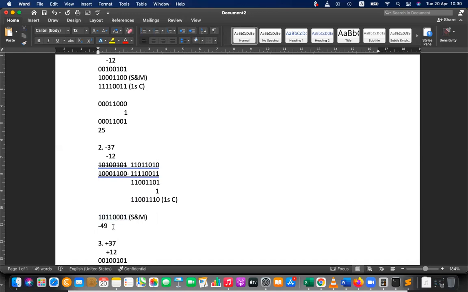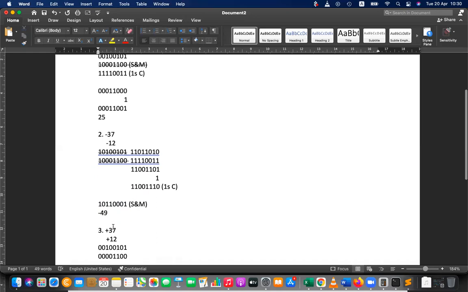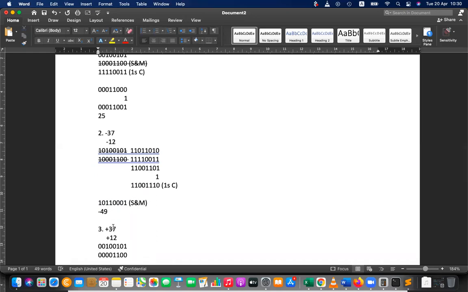If they ask for a one's complement answer, this is the final answer. If they ask for a sign and magnitude answer, you invert it to get the final. In sign and magnitude, the first digit is the sign, so no change there. Okay, the next one is both positive.